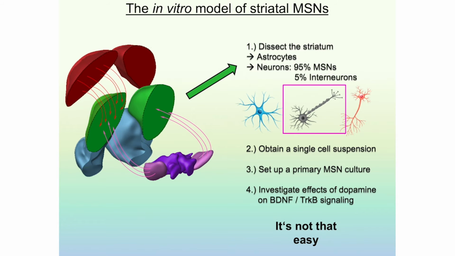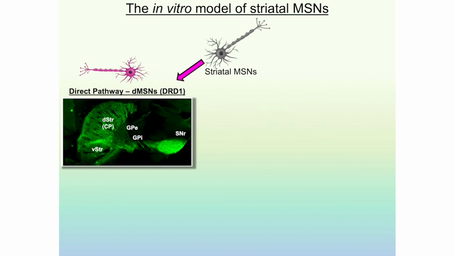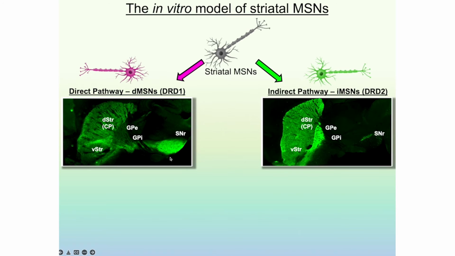Because if we take a look at those medium spiny neurons, first of all, we find two subpopulations. The first one is expressing dopamine receptor 1. And these medium spiny neurons are called direct pathway medium spiny neurons because they directly project from the striatum to the internal segment of the globus pallidus or the substantia nigra. The other subpopulation is called indirect pathway, iMSNs.